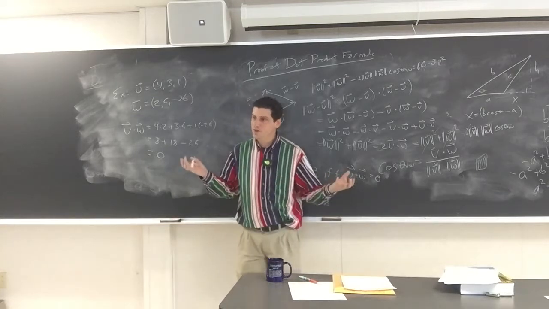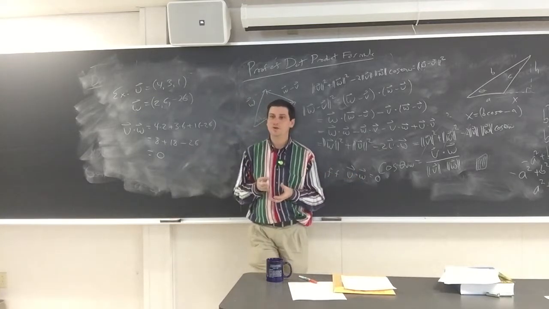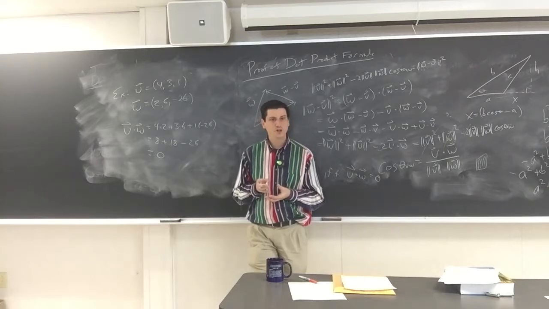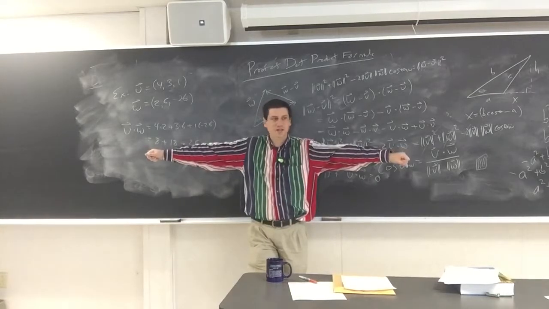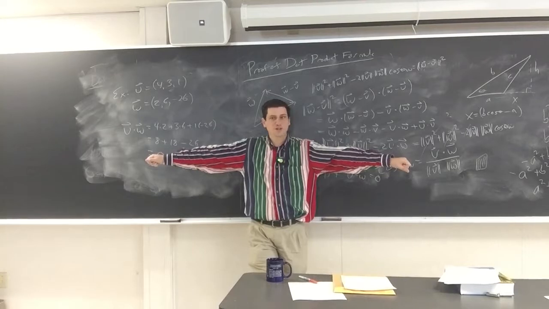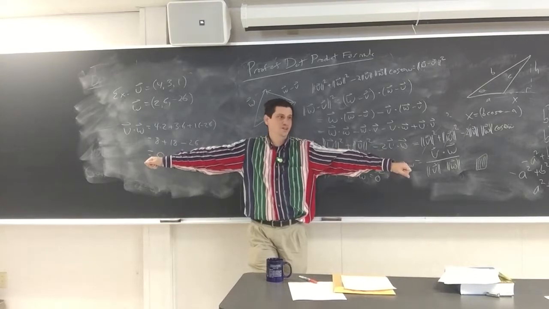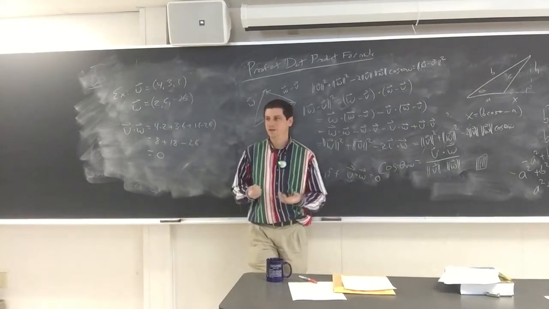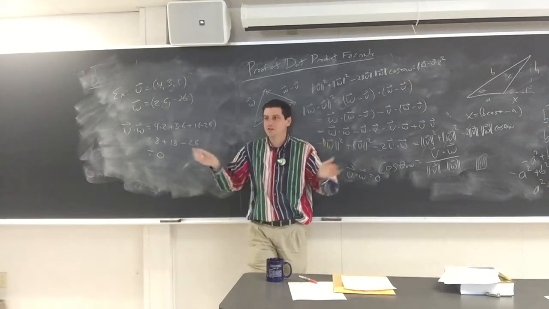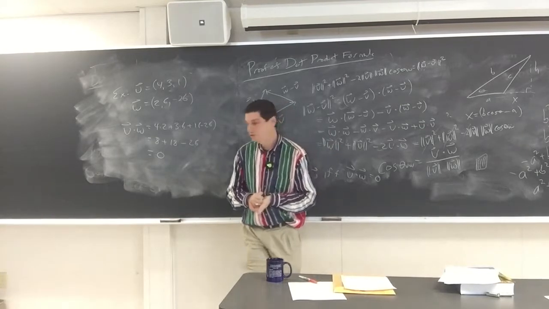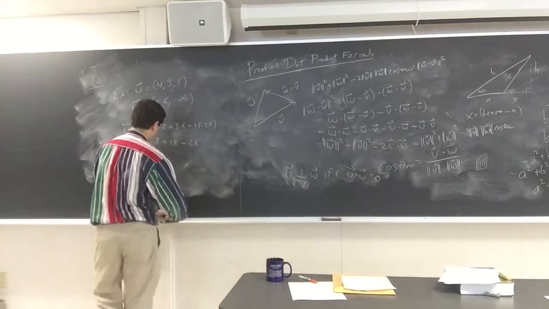Because it works in three-dimensional space, it actually works in two-dimensional space as well. All you have to do is, if I have two vectors in the plane, just imagine that their third component is 0. And so you can bump up vectors in a plane to vectors in 3-space. So we'll do the cross product later.